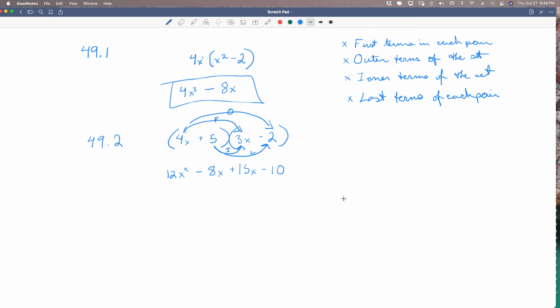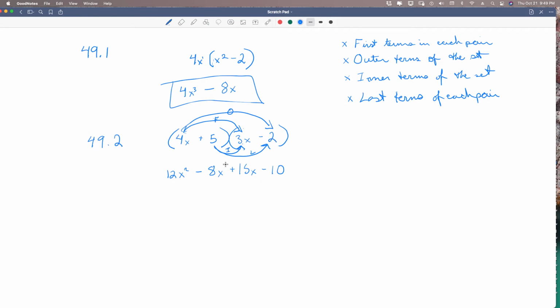So the first terms, this is the first term, this is the first term, outer term, inner term, last term. This helps you to remember to take this first term here and multiply it times this one and then this one. And then you take the second term and you multiply it times this one and then times this one.